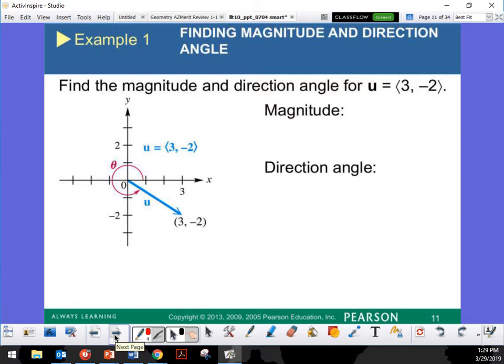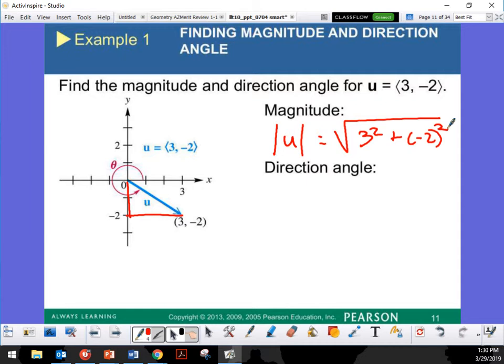So if I'm going to use the Pythagorean theorem, it's going down 2 and right 3. My distance, u, or another way of writing it, is the magnitude, with the bars that look like absolute value, equal to the square root of 3 squared plus negative 2 squared.